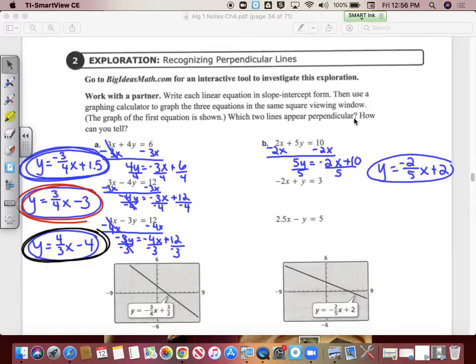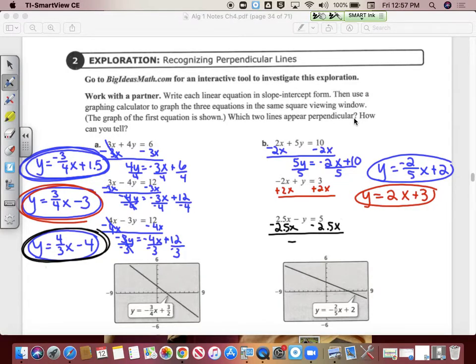And then for the next one, solving this one for y, I just add 2x to both sides, and I'm going to get y equals 2x plus 3. And then for the last one, I subtract 2.5x from both sides, and I get negative y.